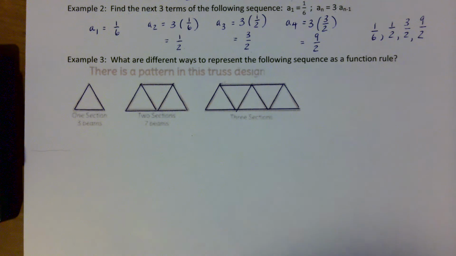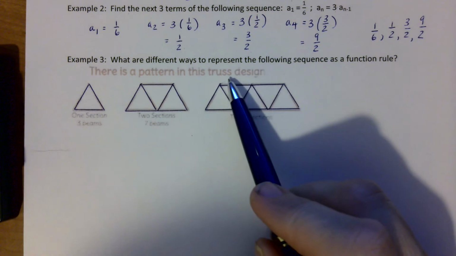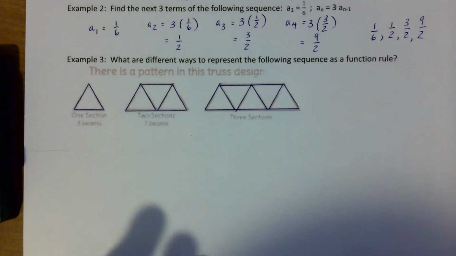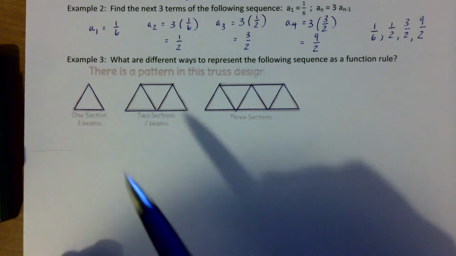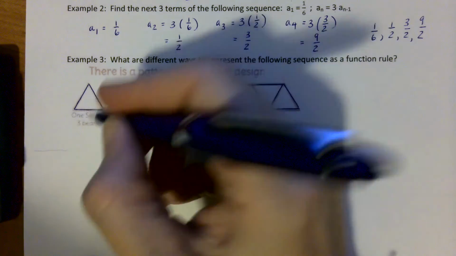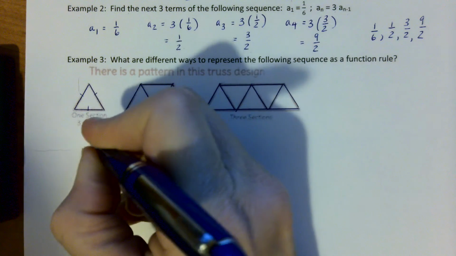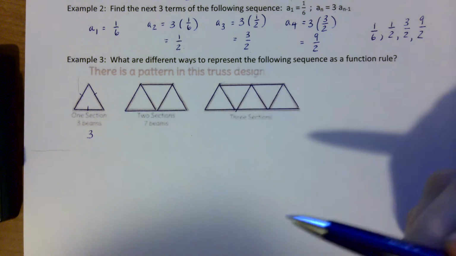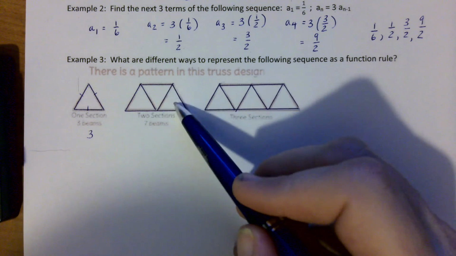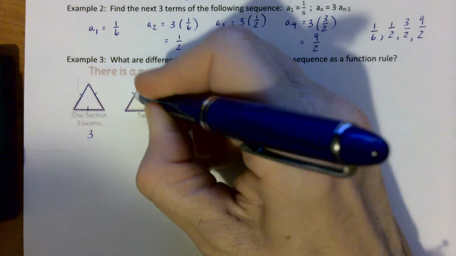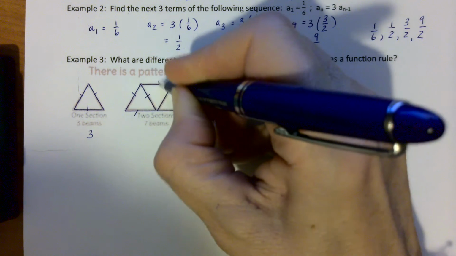Our last example is talking about a pattern in this truss design. A truss is a framework that supports a roof, a bridge, or another structure. So if I have one section needed, I need to have 3 beams. 1, 2, 3 beams. If I have 2 sections, I need to add 2 more of these, and I have 7 beams. 1, 2, 3, 4, 5, 6, 7.